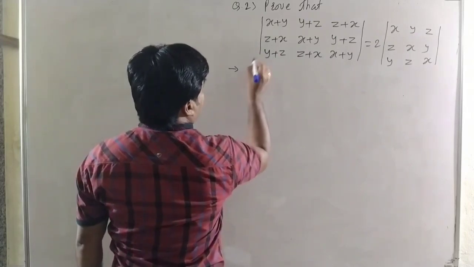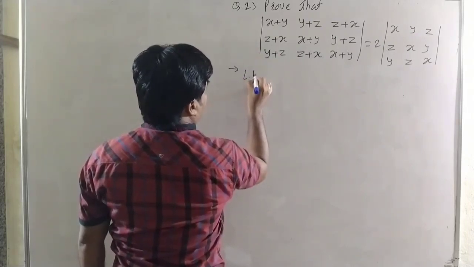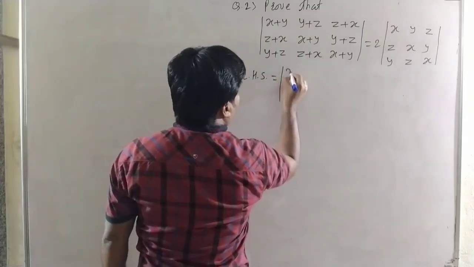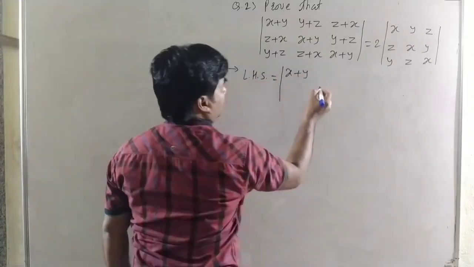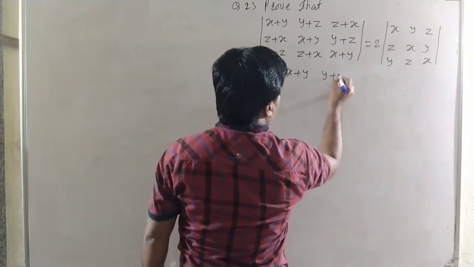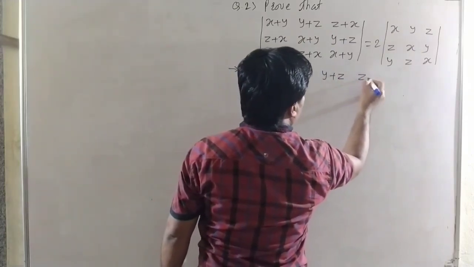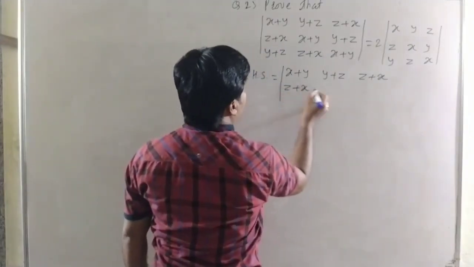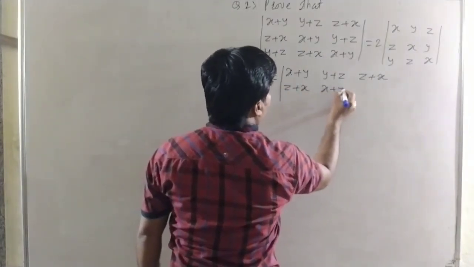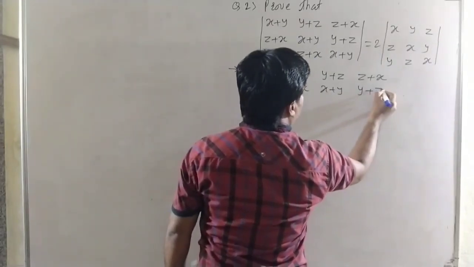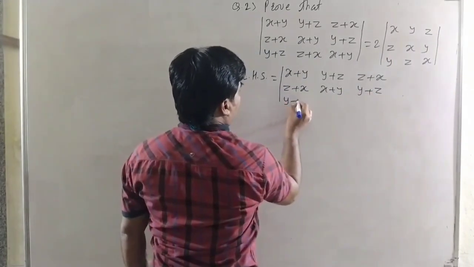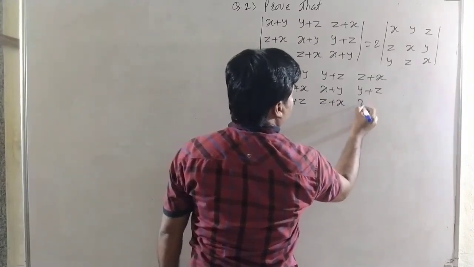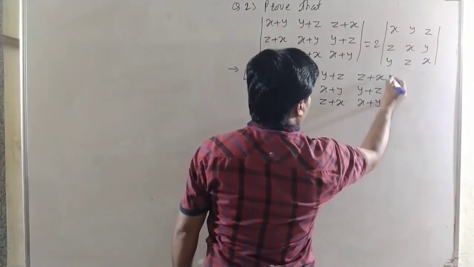Here, see carefully. LHS is equal to the determinant of x plus y, y plus z, z plus x; z plus x, x plus y, y plus z; y plus z, z plus x, x plus y.